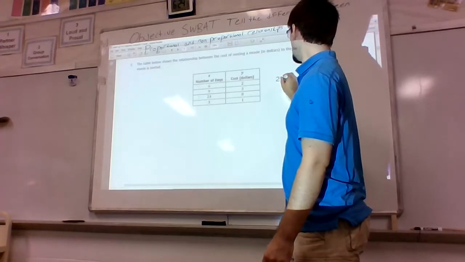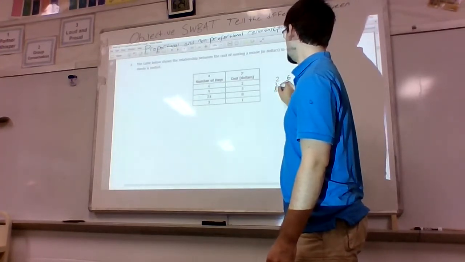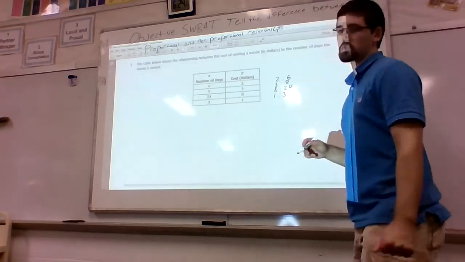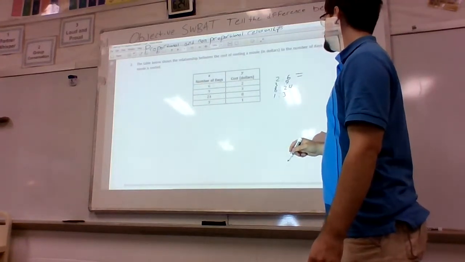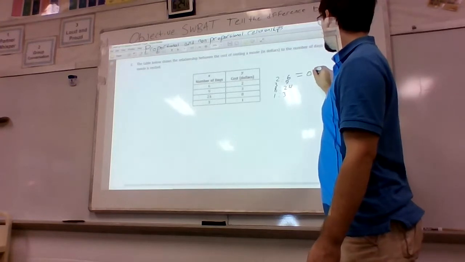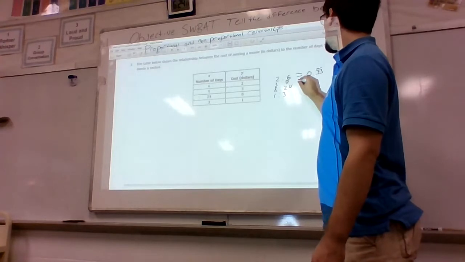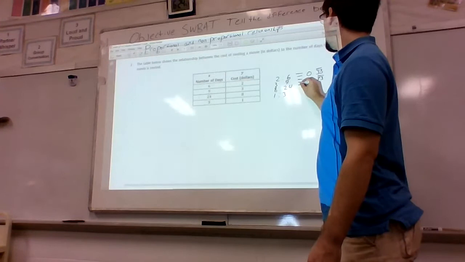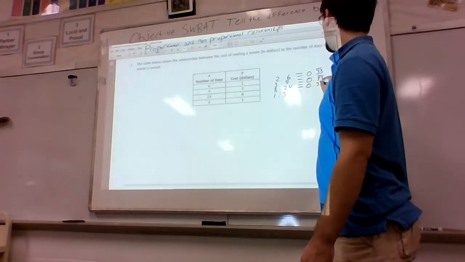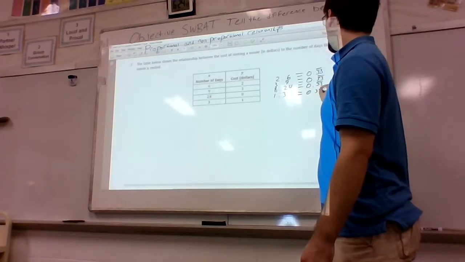So this is going to be 2 to 6, 3 to 9, 8 to 24, and 1 to 3. Now let's do our division. 2 divided by 6 equals 0.33 repeating. 3 divided by 9 equals 0.33 repeating. 8 divided by 24 equals 0.33 repeating. 1 divided by 3 equals 0.33 repeating.